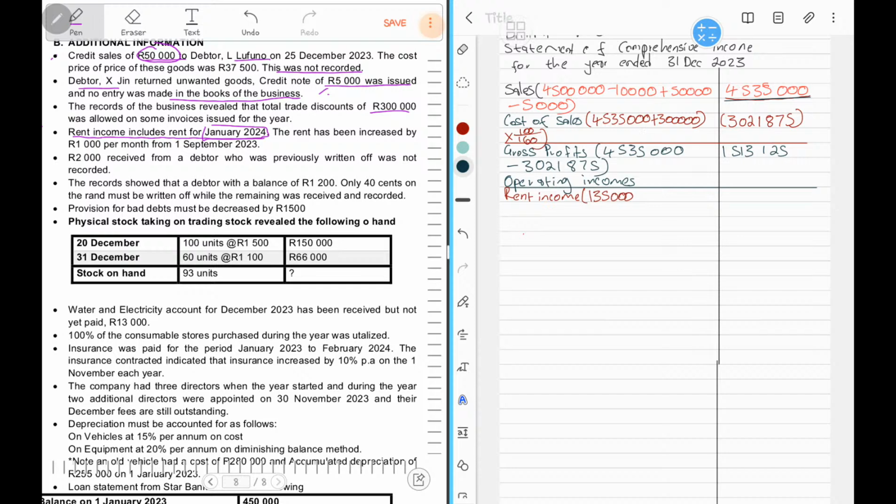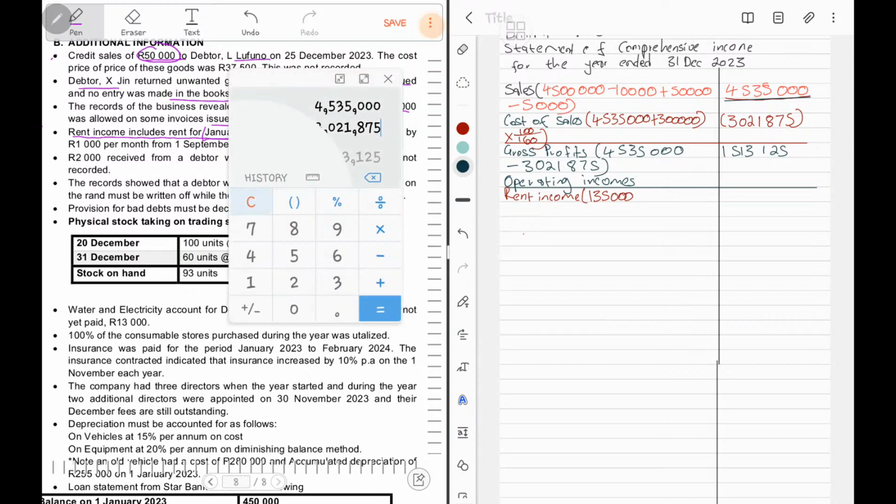Then in order to find the original sales, remember, to calculate the cost of sales, we have to use the original sales. So to find the original sales, we're going to take the net sales, then we're going to add back the trade discounts. And when we add back the trade discounts, we're going to find the original sales. Then after that, we can find the cost of sales. So let's calculate again. So it's 4,535,000.